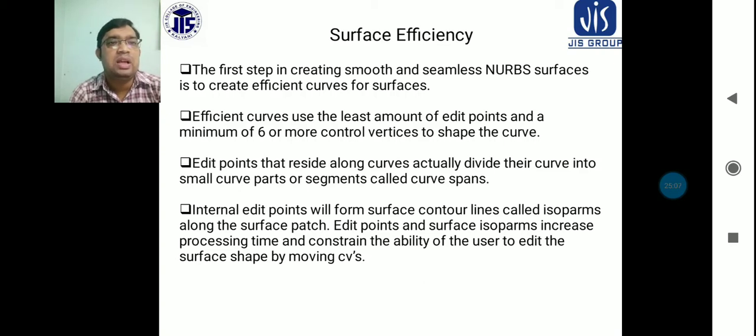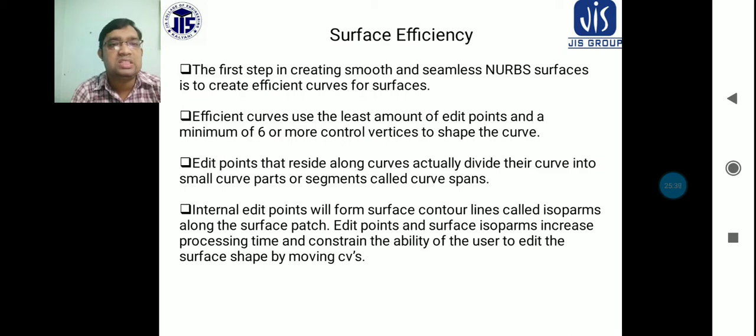Efficient curves use the least amount of edit points and a minimum of 6 or more control vertices to shape the curve. Edit points that reside along curves actually divide their curve into small curve parts or segments called curve spans.